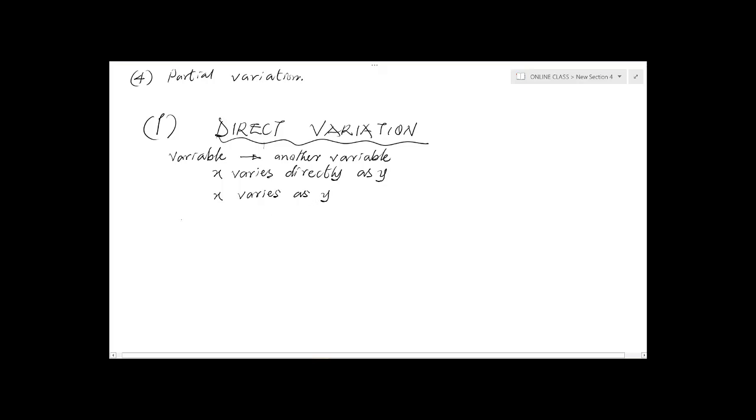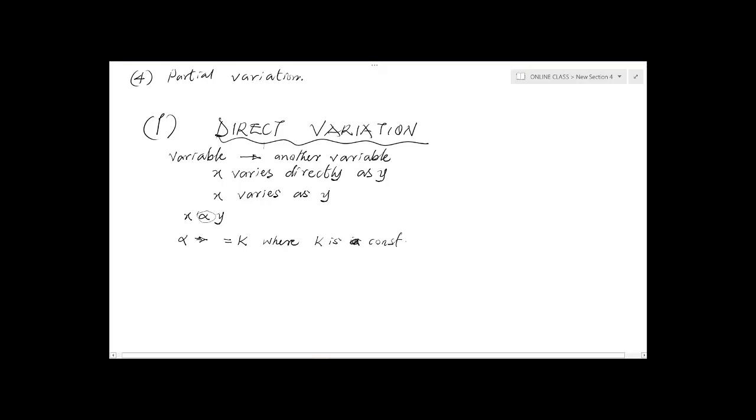So next we have to represent this mathematically. You write x varies directly as y. This alpha sign shows varies, and this alpha is always termed equals k, where k is a constant.